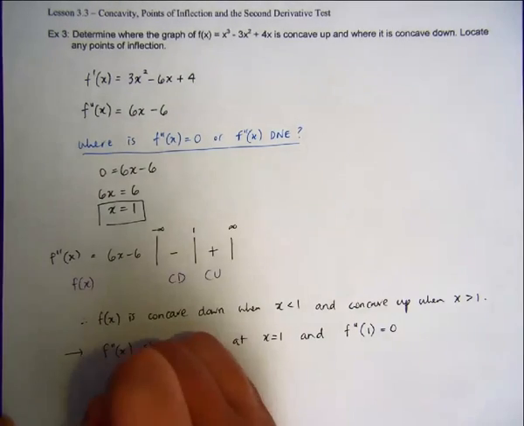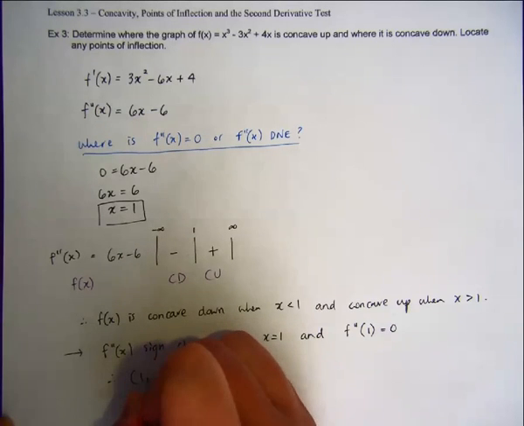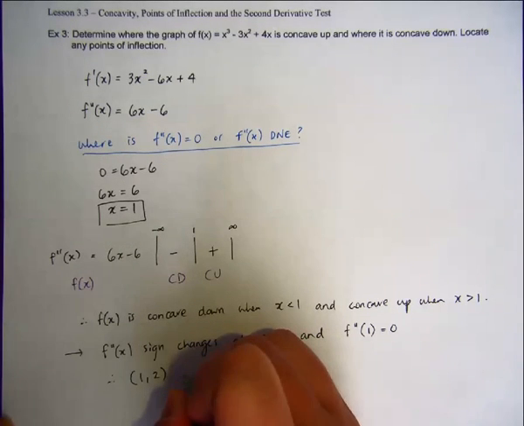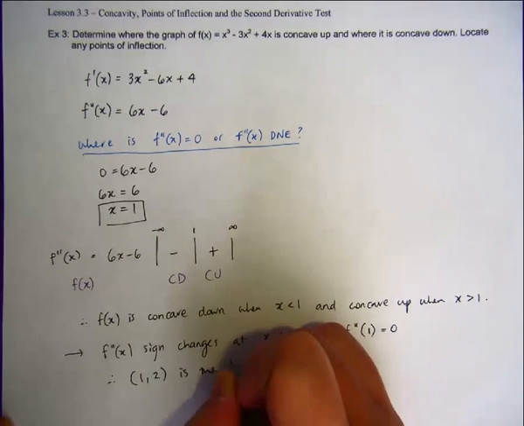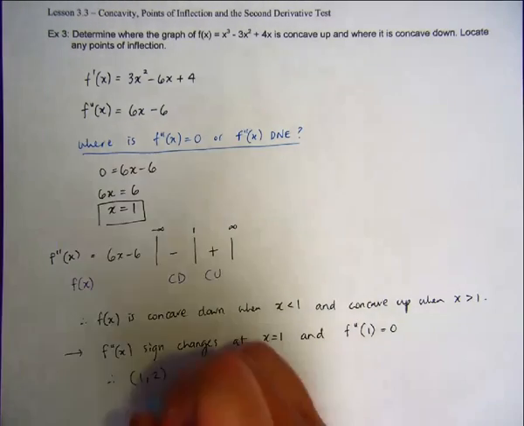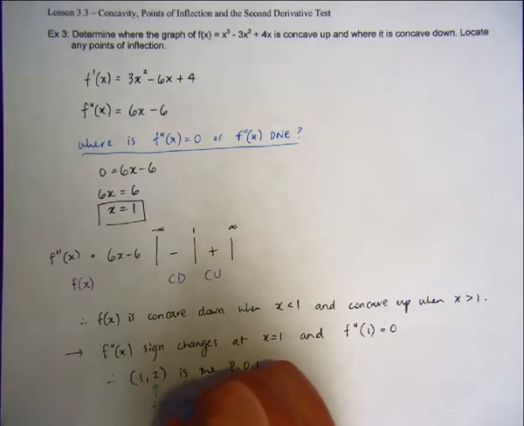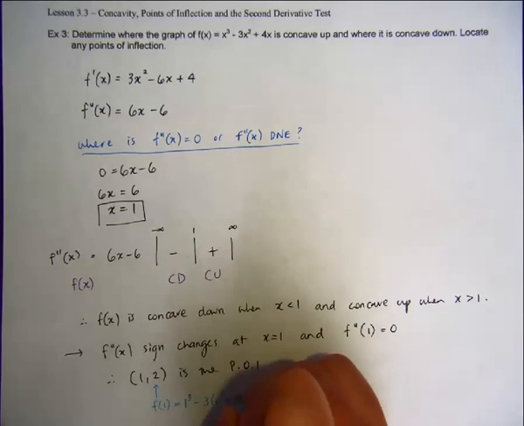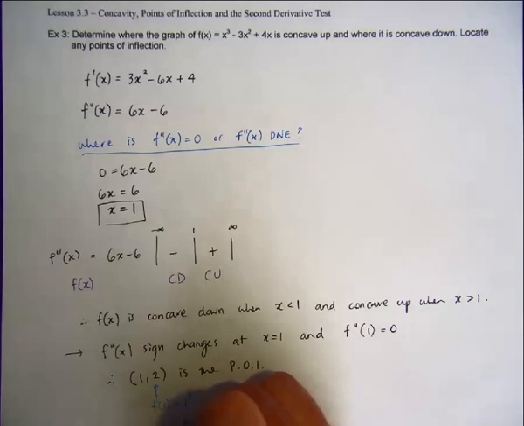That means we also have a point of inflection at (1, 2). How did I get this 2? I plugged in 1 for x in the original equation: 1 cubed minus 3 times 1 squared plus 4 times 1.